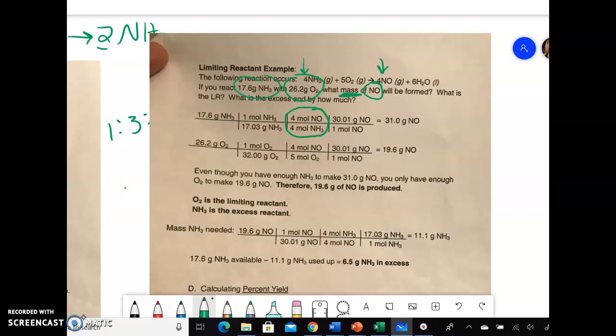So what this means is when we mix these 2 amounts, 17.6 grams of NH3 and 26.2 grams of O2, even though, this is important right here, even though we had enough NH3 to produce 31 grams of NO, we only had enough oxygen to produce 19.6 grams. So therefore, this is the most that can be formed, because once we make that much, we run out of oxygen, even though we had extra NH3.